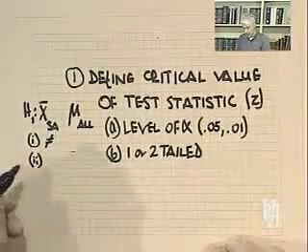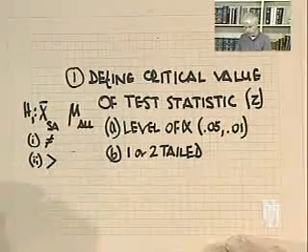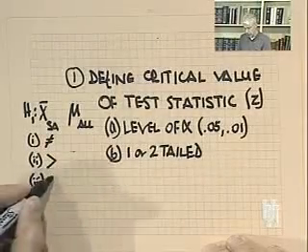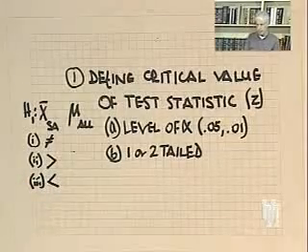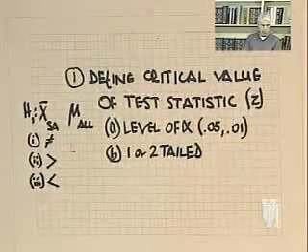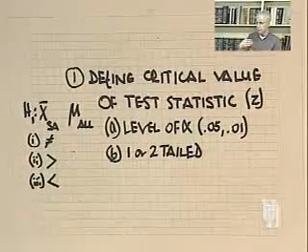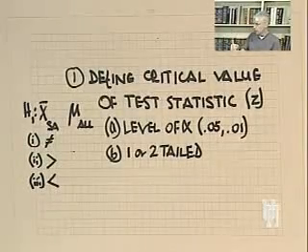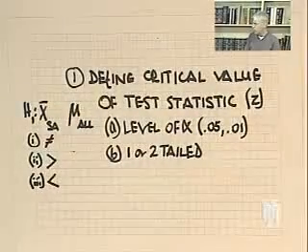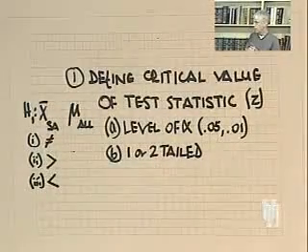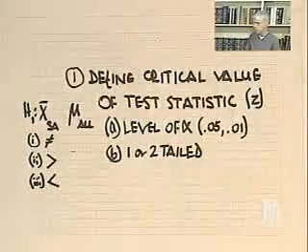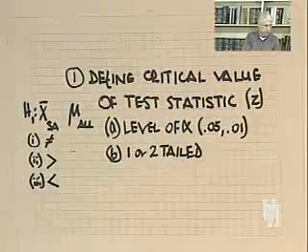Choice 2 is that X bar will be greater than mu, and choice 3 is that X bar will be less than mu. If you recall when we discussed the null hypothesis, the researcher cannot hypothesize that the 2 scores will be equal. That's the presumption that is being tested. That's the null hypothesis.